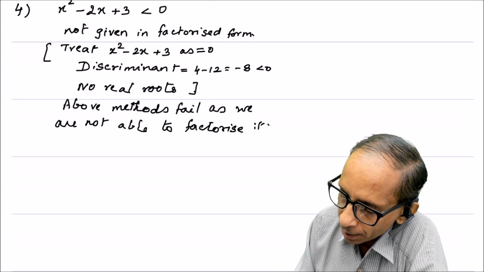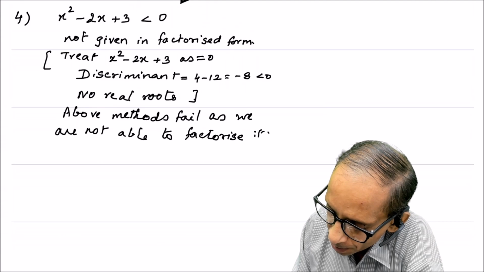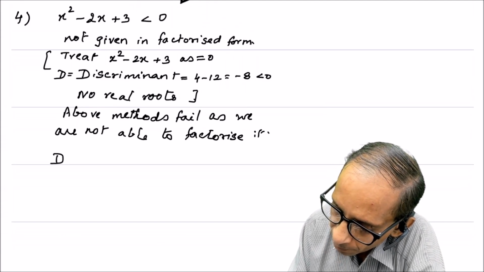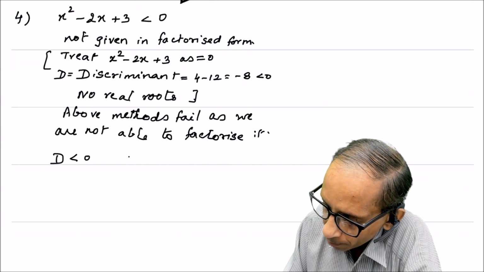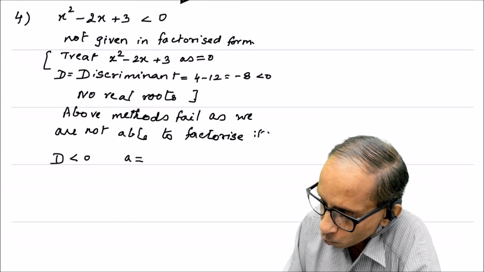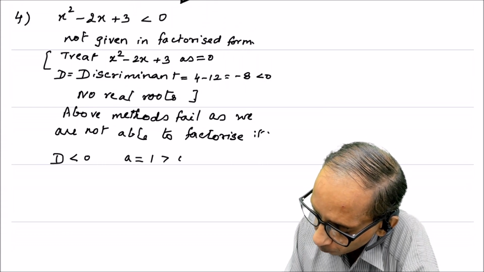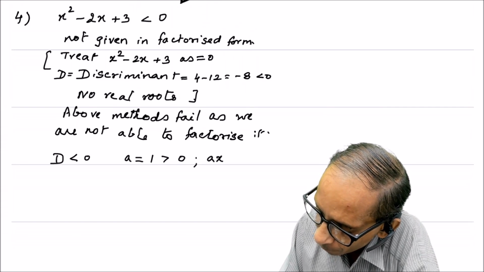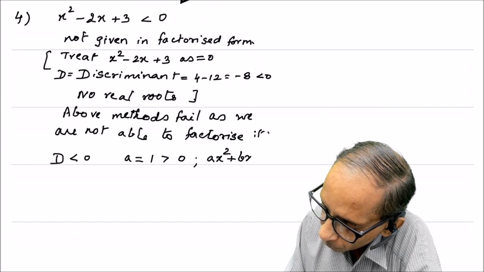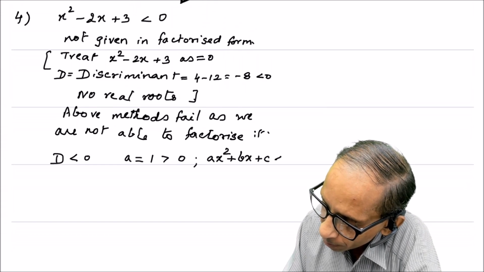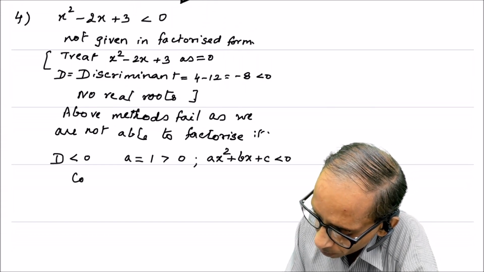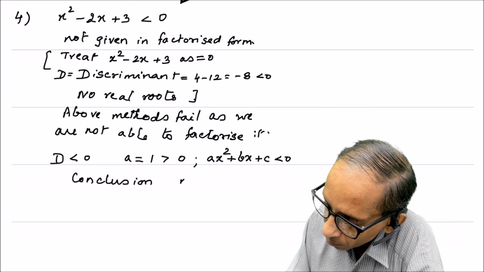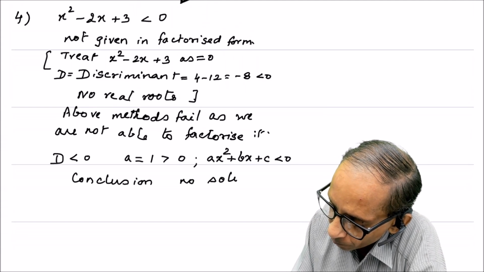So in this type of situation, we notice that the discriminant D is less than 0. But what is a? The coefficient of x square, that is 1, positive. If we have a quadratic of this particular type, then the conclusion is no solution.